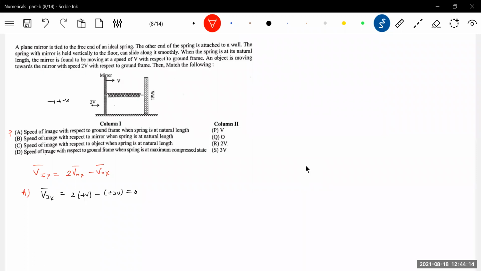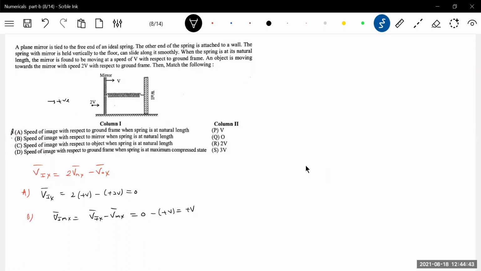With respect to the mirror is asked. Again, we know Vix. What is the second part of the problem? Vim is asked. Vix is 0. Vmx is plus V, okay, it should be V only. This is Q, no?